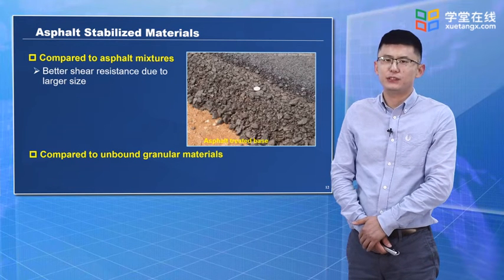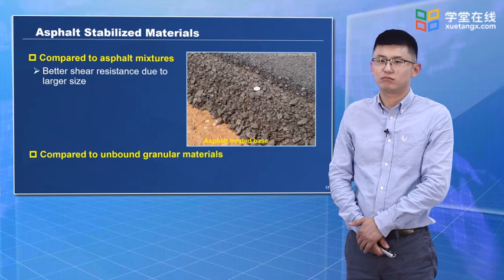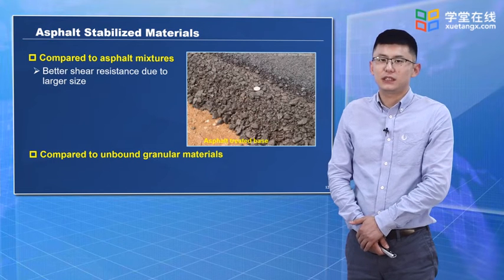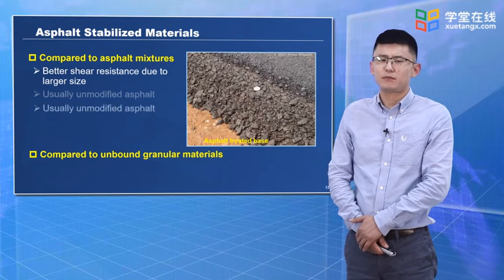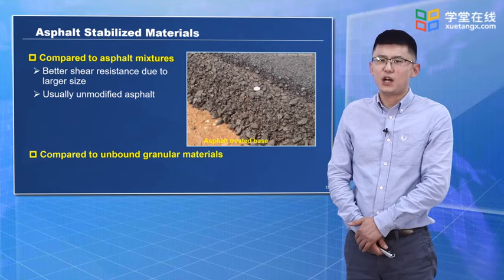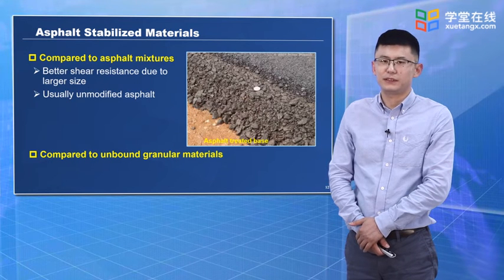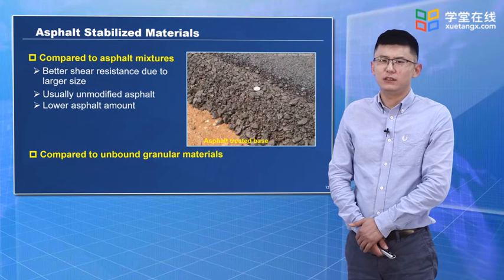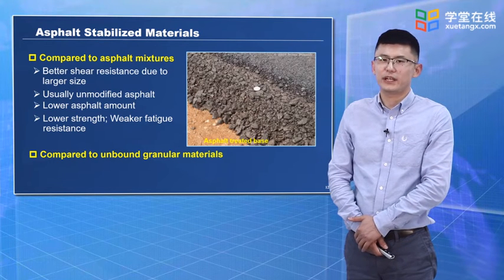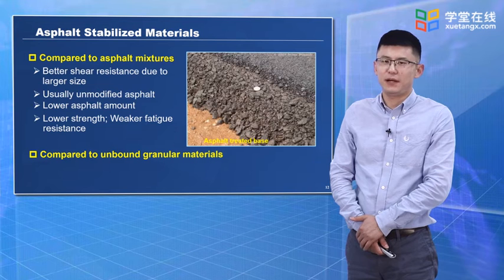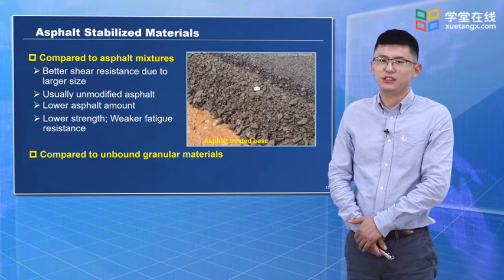It has better shear resistance due to the larger aggregate size. Usually we use unmodified asphalt because it is used in the base, so we do not need the better performance asphalt. And also a lower asphalt amount, and a lower strength and weaker fatigue resistance, because we have a lower amount of binder, so the fatigue resistance is usually weaker.